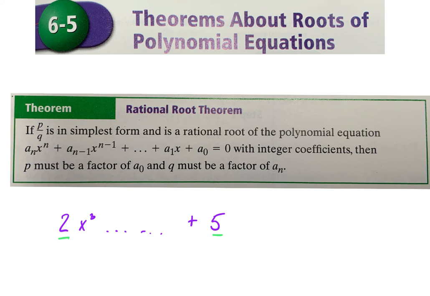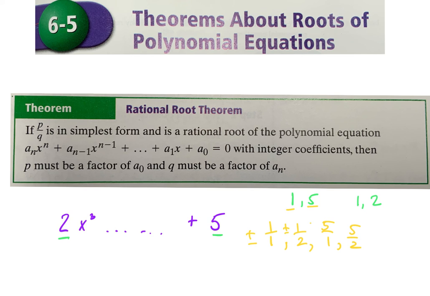Well, what are the factors of 5? Well, 1 and 5. Those are the only factors of 5. What are my factors of 2? Well, 1 and 2. That's pretty straightforward, right? So that means that my zeros have to be 1 over 1, 1 over 2, 5 over 1, 5 over 2. And they can be the positive and negatives of those.